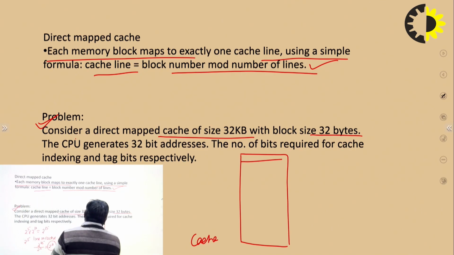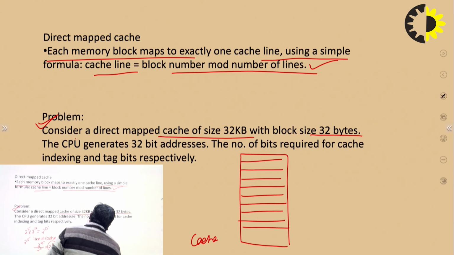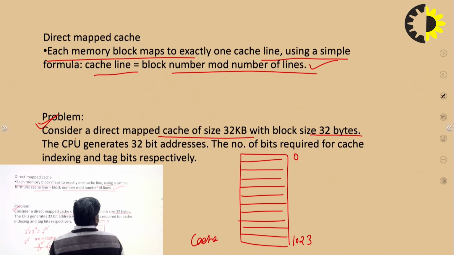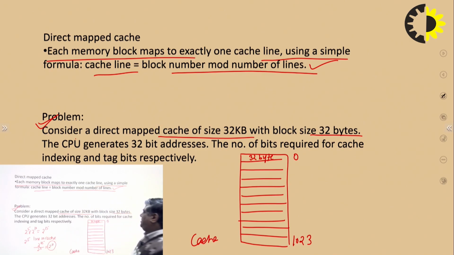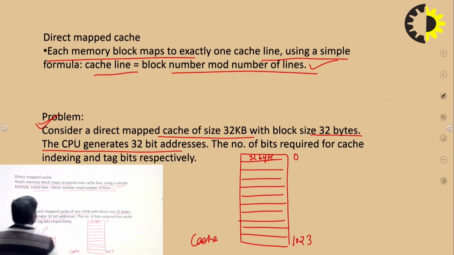In the cache, the total number of lines is 2 to the power 10, that is 1024 lines, and the size of each block is 32 bytes. Okay, this is about the cache.